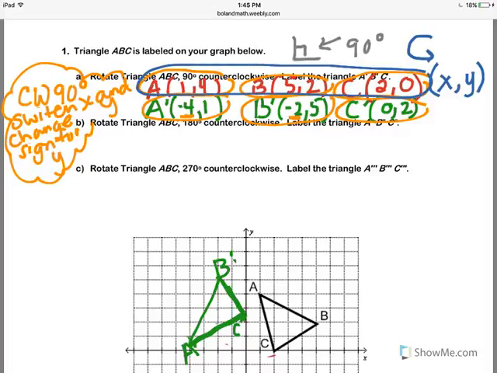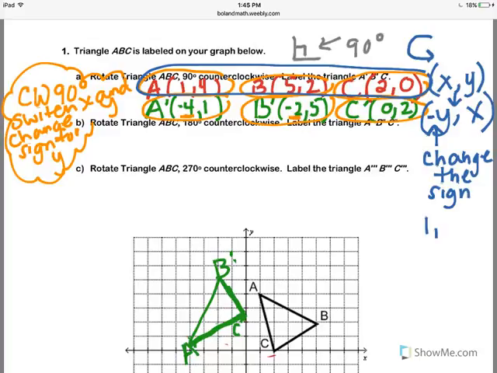And we converted them by switching X and Y, but changing the sign on the Y. So we represent changing the sign on the Y by putting a negative, even though it's not necessarily changing to a negative. This just represents change the sign. So in the rules, this just means change the sign.